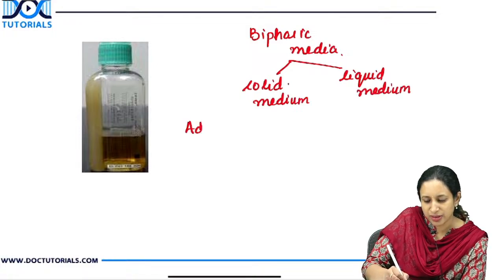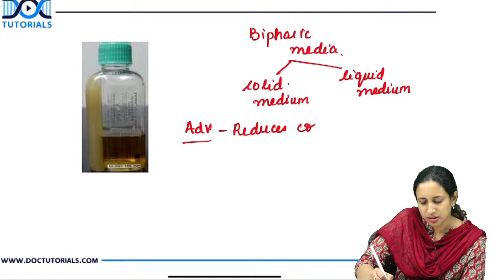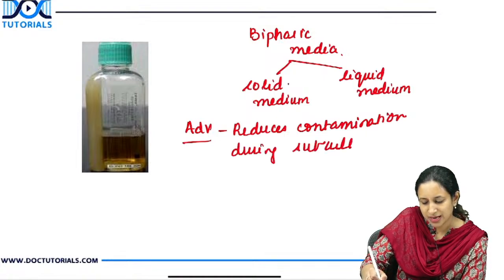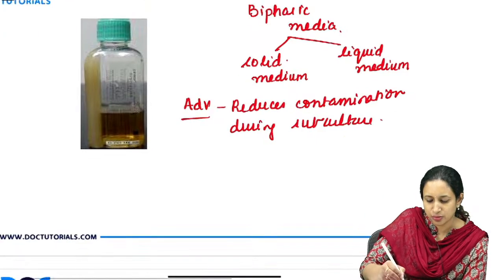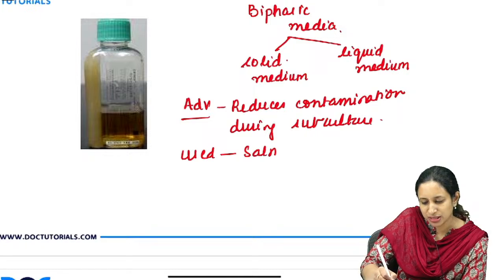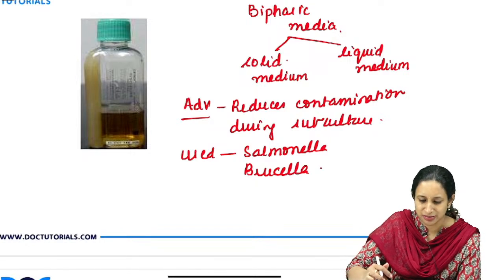The advantage of biphasic medium is that it reduces contamination during subculture. And lastly, it is used for which organisms? Salmonella and most importantly, Brucella. So you use it for Salmonella as well as Brucella.